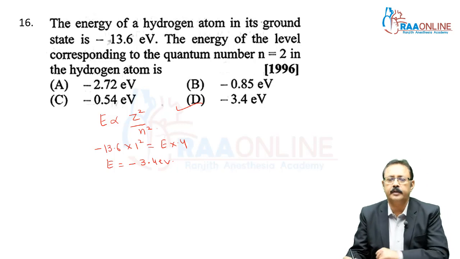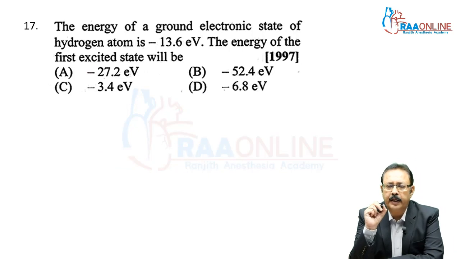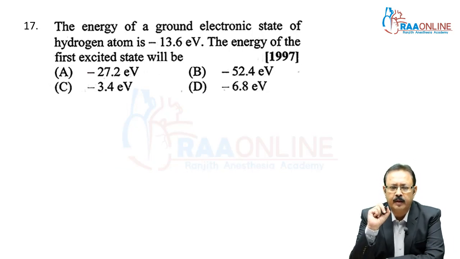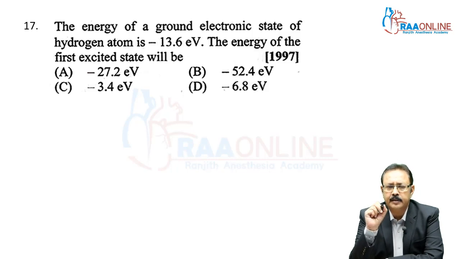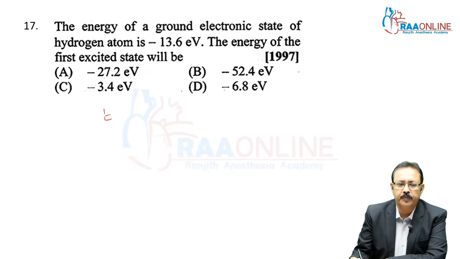So we will go with option D. So 16th correct option was D. Now it is from 1997 AIPMT. The energy of the ground electronic state of hydrogen atom is minus 13.6 electron volt. The energy of the first excited state, it means electrons are in the second orbit. So for E2, it should be minus 13.6 upon 2 square, so minus 3.4 electron volt. So we will go with option C.